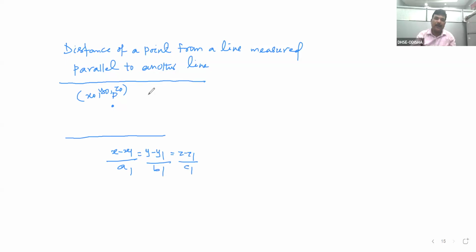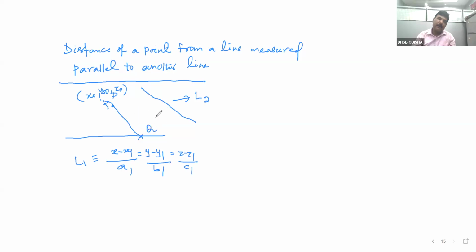So there is another line L2. We have to find the distance of the point P from the line L1, which is measured parallel to the line L2. Suppose this is point Q.